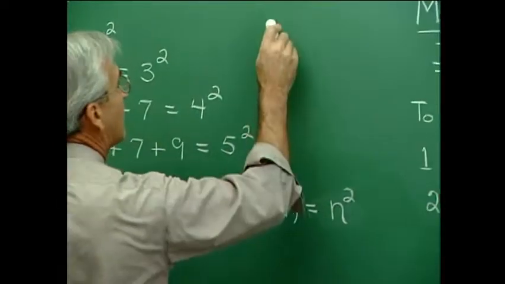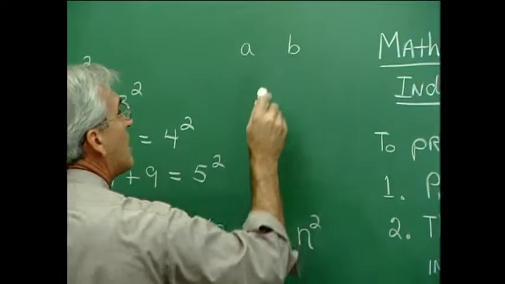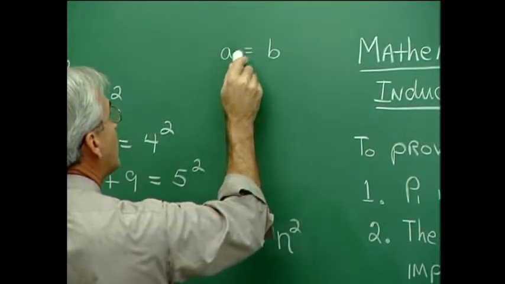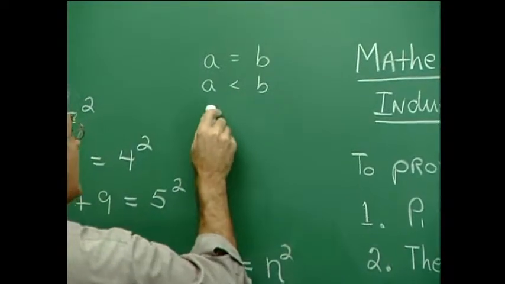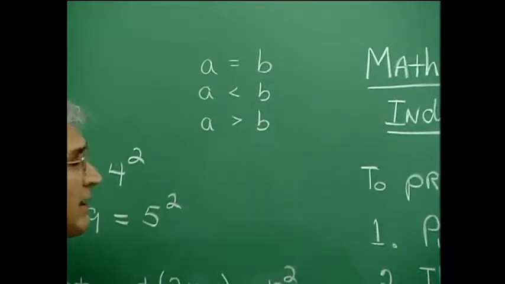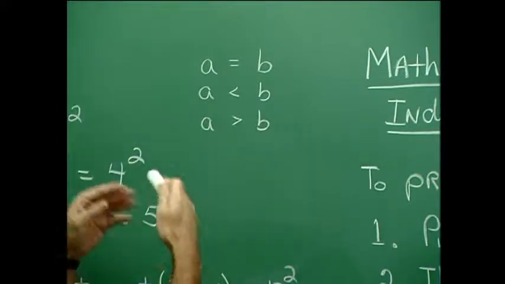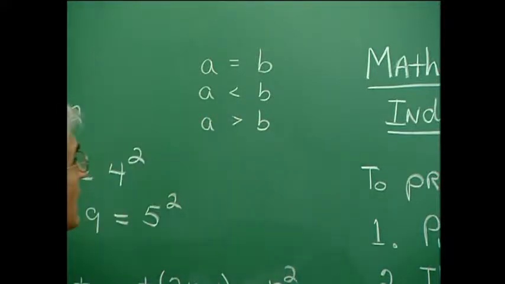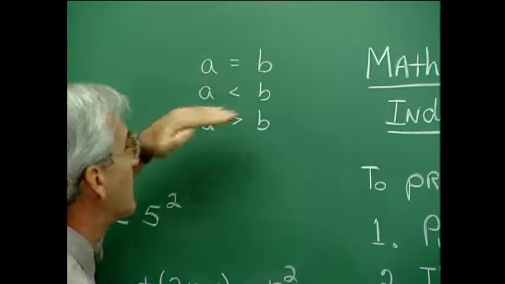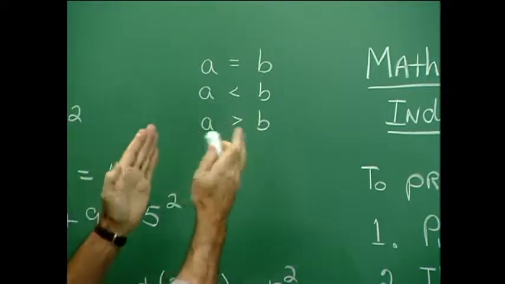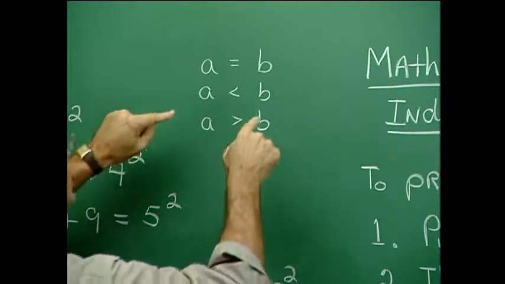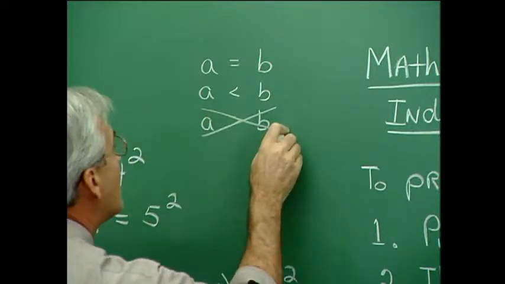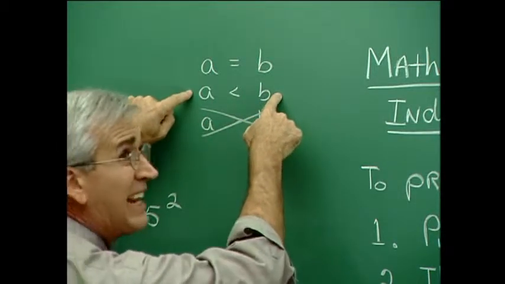It's the idea that if I've got a couple of numbers A and B, then we know that one of these ideas is true, that either A is equal to B, A is less than B, or A is greater than B. Now, if you want to show which one of these is true, one way to do it, because we have only 3 possibilities for an order relationship between a couple of numbers, is to assume that one is true and arrive at a contradiction and show it can't happen, and then assume another is true and show that it can't happen.